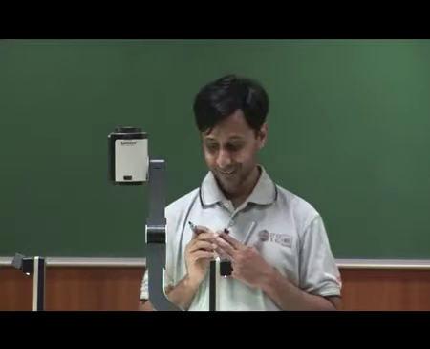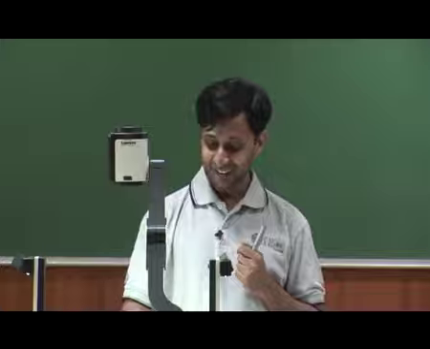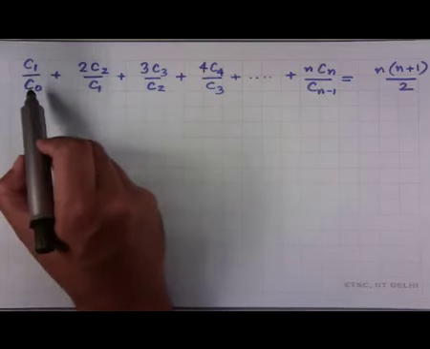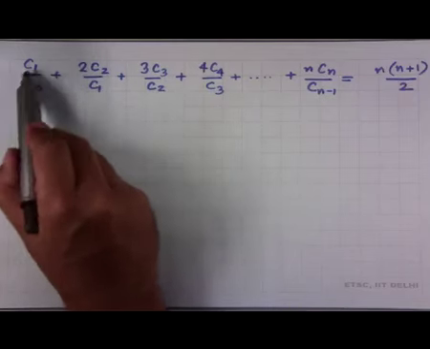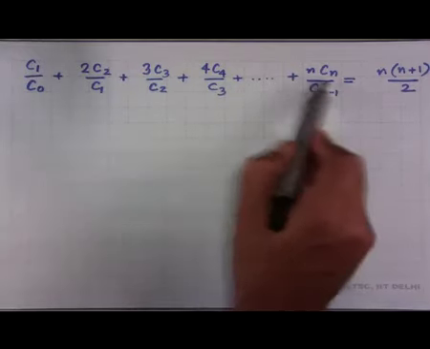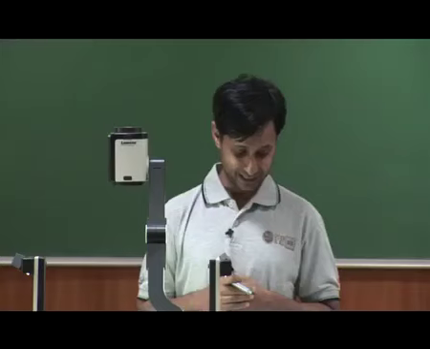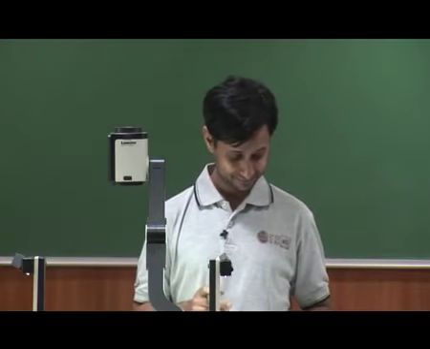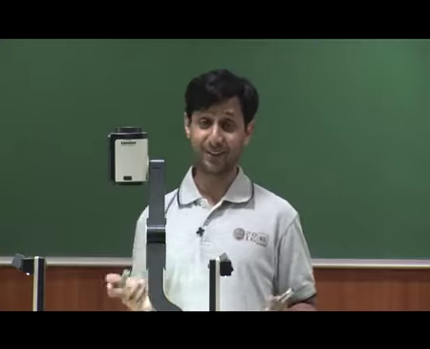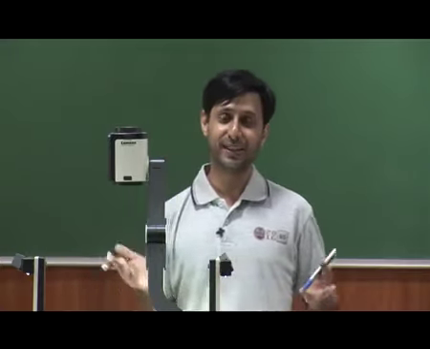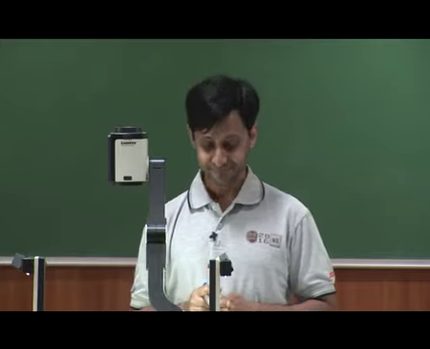The clue is that this may look like 1 plus 2 plus 3 plus 4 all the way till n. And if that is the case, then we are done. Maybe that is not it, but if it is, then we are done.